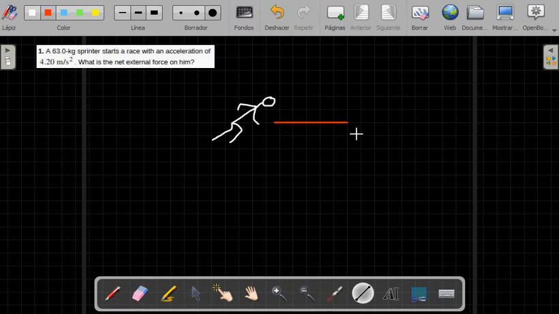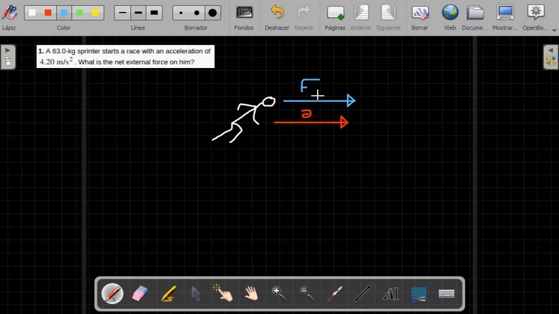So we have an acceleration in that direction to the front, and in this case, the force will have the same direction as the acceleration. I'm going to draw it right here, force. There it is.